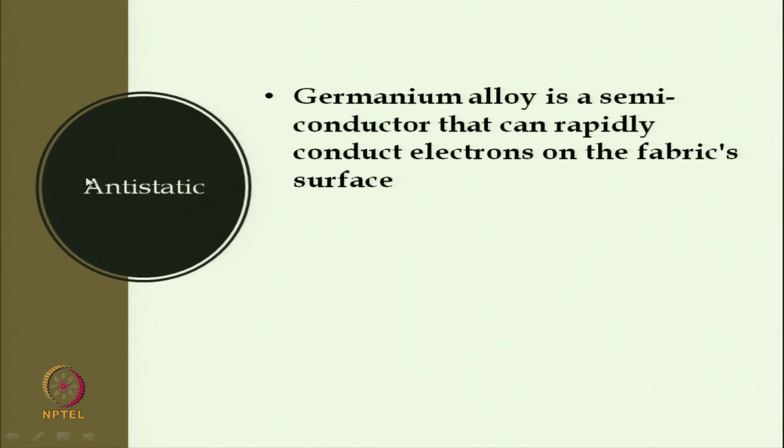Anti-static fabric: the anti-static materials are there, like germanium alloy, which is a semiconductor that can rapidly conduct electrons on the fabric surface. So, this type of finish we can apply.